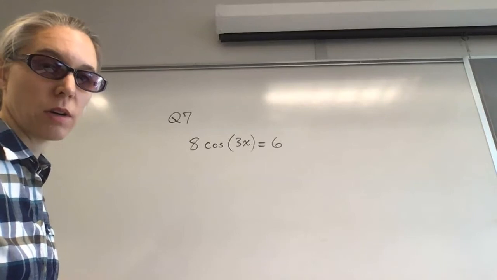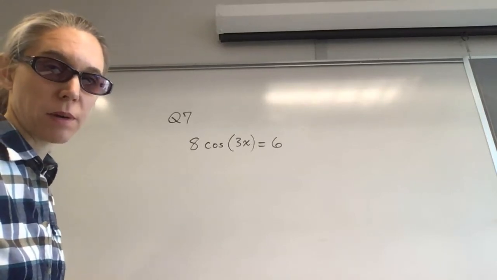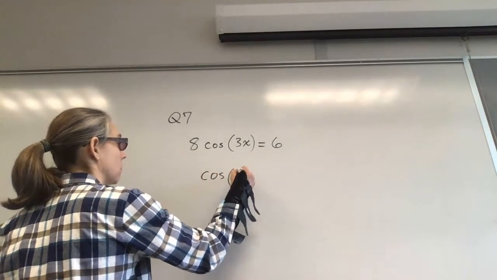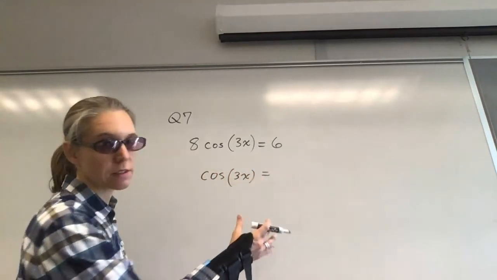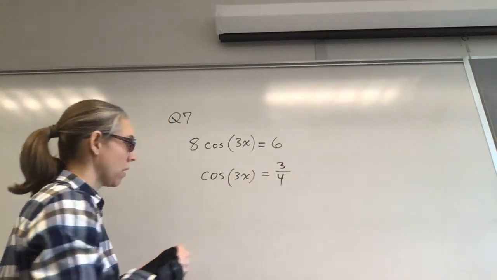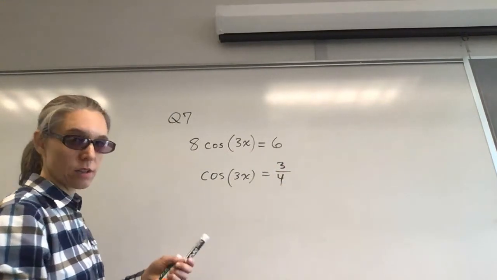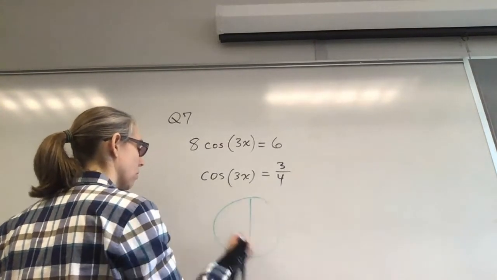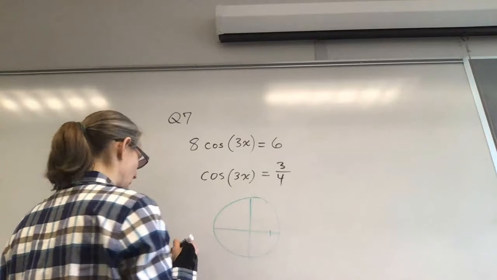Okay, so here we are, and we want to start by dividing by 8. Of course, 6 over 8 is 3/4. Then we are finished isolating the trig function, so now we just need to draw the unit circle and have some dots here.